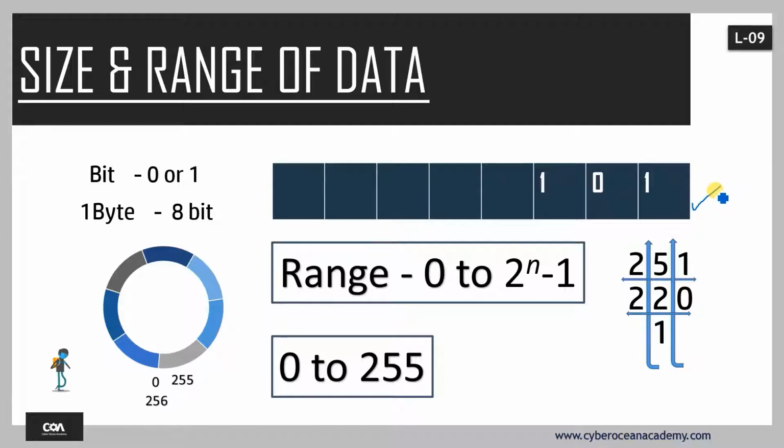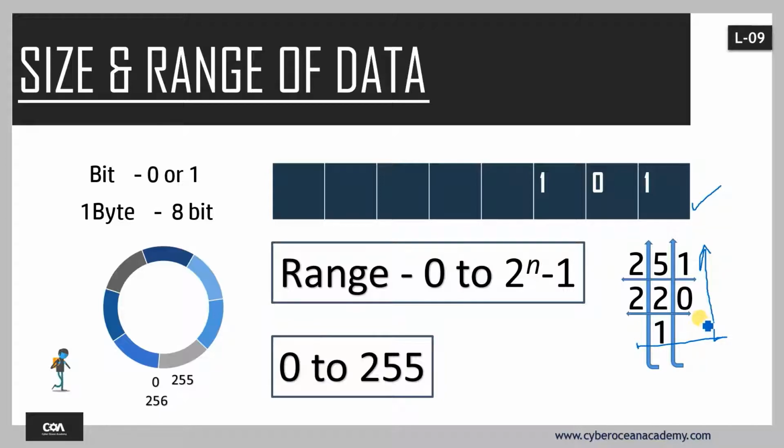Suppose you want to store the number 5. 5 is a decimal number, so you have to convert it into binary. The binary equivalent of 5 is 101. When you divide 5 by 2, it gives a quotient of 2 and a remainder of 1. In this way you calculate the binary equivalent of 5.